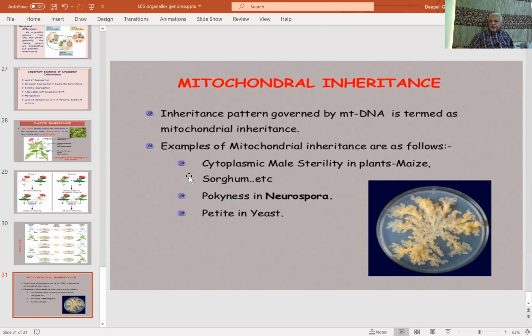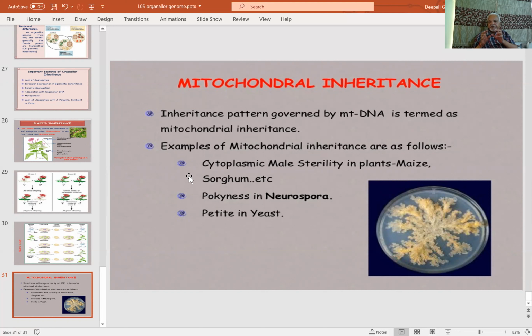Okay, so to summarize as a whole, what we have done is look at the genome present in organelles like chloroplast and mitochondria, and what all they contain. I have very specifically focused on the traits other than the functional genes which they contain, which participate in the functions of respiration and photosynthesis.